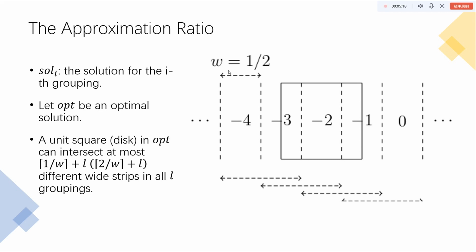When W equals 1/2 and L equals 2, the unit square here intersects 4 strips. The first one is -4 to -3, the second is -3 to -2, the third is -2 to -1, and the last is -1 to 0. 1, 2, 3, 4. It intersects 4 wide strips from different groupings.